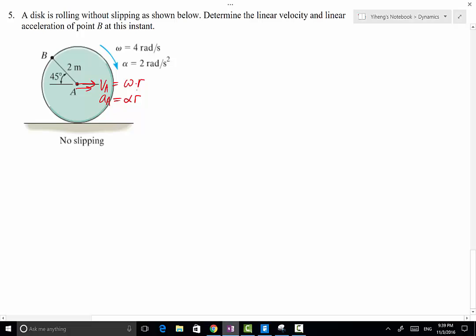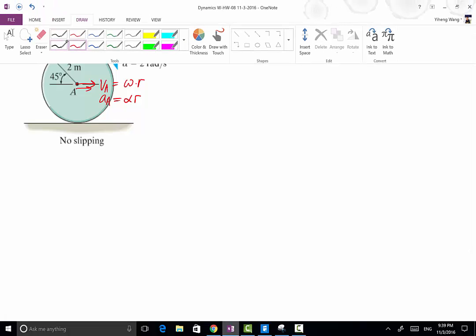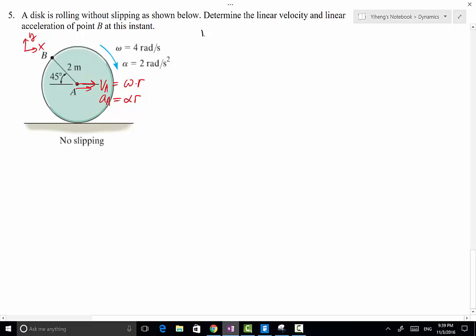So in this case, if we again draw our conventional xy coordinate system, VA as a vector will simply equal omega times r, which is 4 times 2, along the positive x direction i, which is 8i in the unit of meter per second.